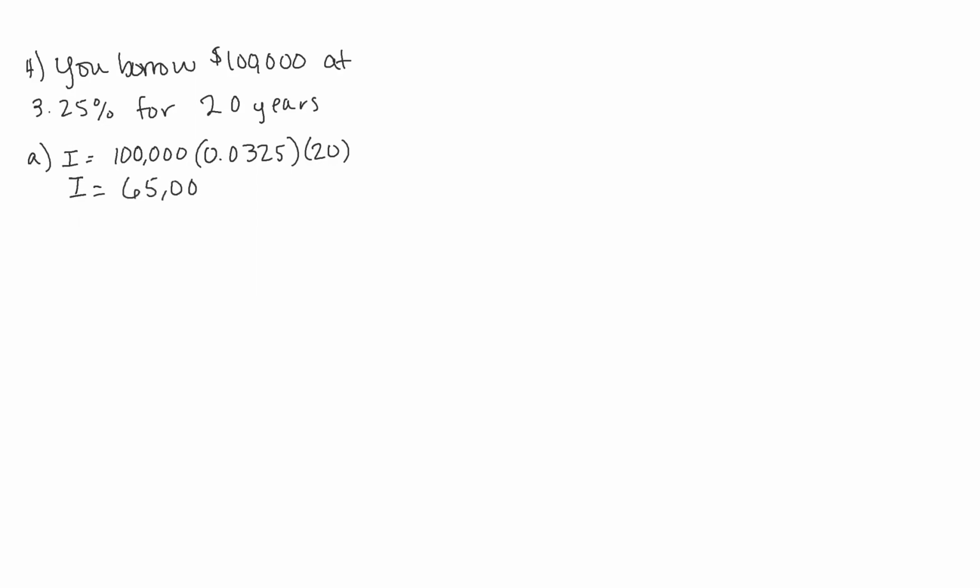All right, so that house that originally was going to cost you $100,000, at the end of 20 years, you're going to end up paying $165,000. So the total paid is the $100,000 that you originally borrowed, plus all of that interest you're going to owe the bank. So in this case, $165,000.